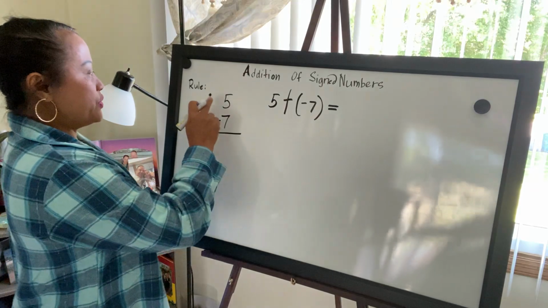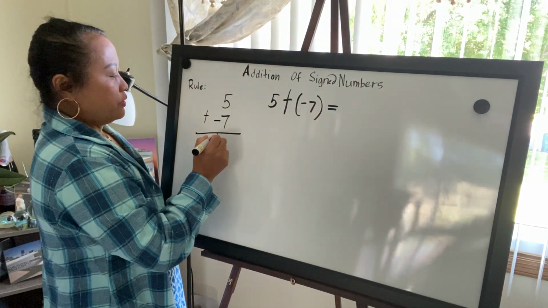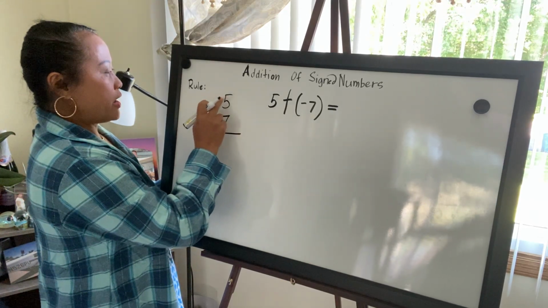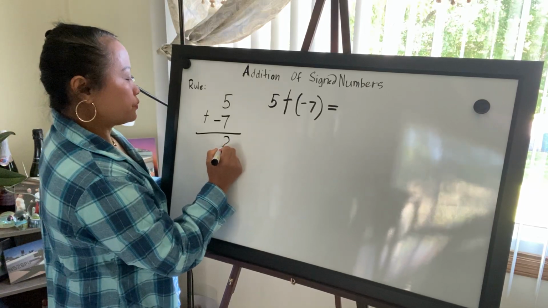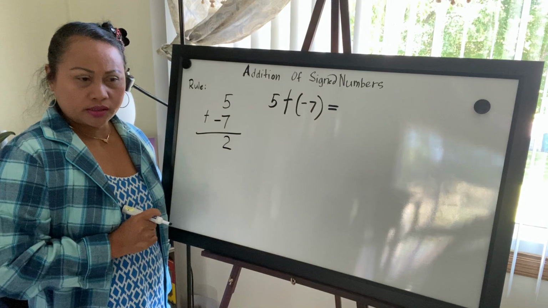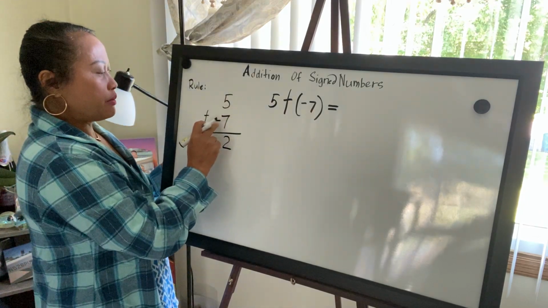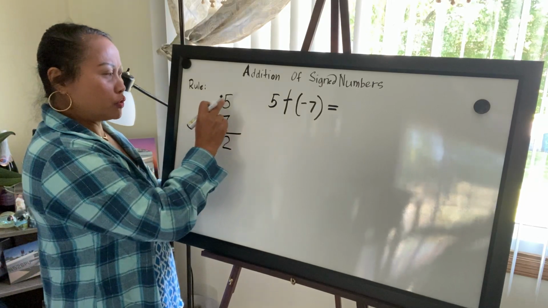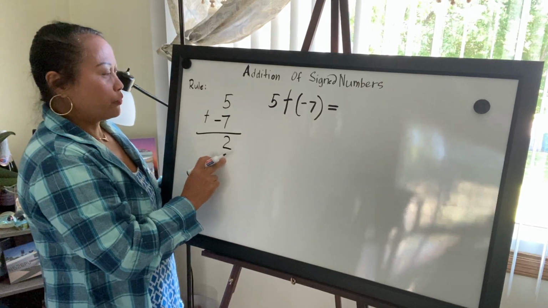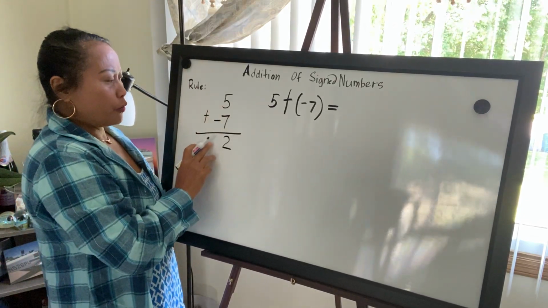So now, they have different signs. We have to subtract. So, 7 minus 5 equals 2. When you subtract, you always subtract from the greater number, okay? Since 7 is the greater, 7 minus 5 equals 2. Now, we have to bring down the sign of the larger number.